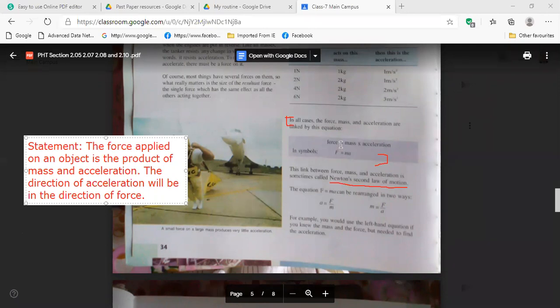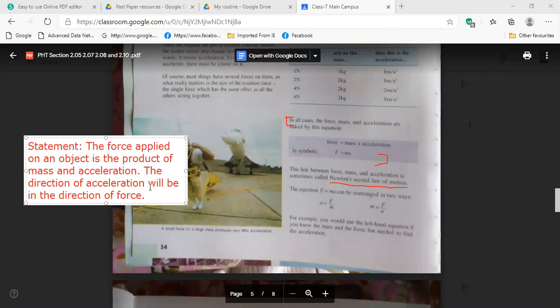Force comes from the multiplication of mass and acceleration. In place of multiplication, I wrote product. Now you understood? Yes, sir.